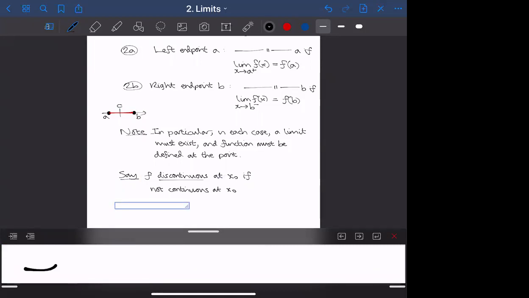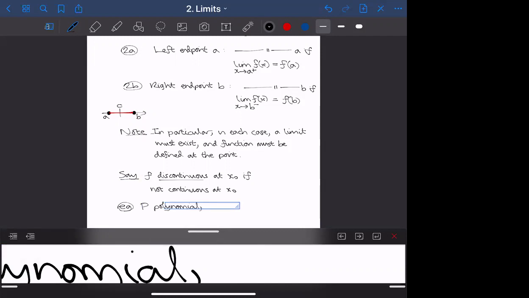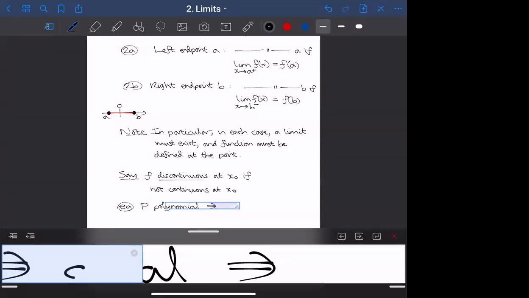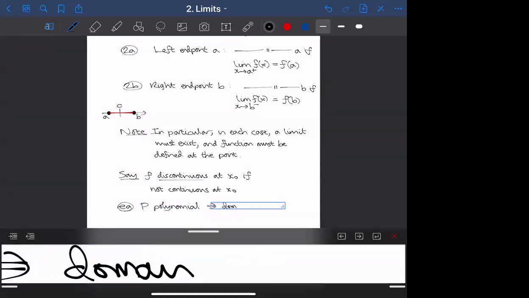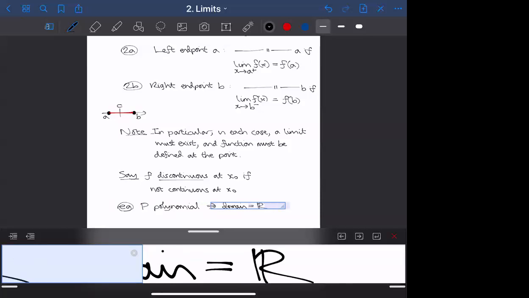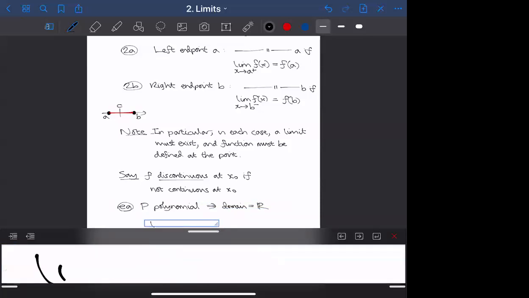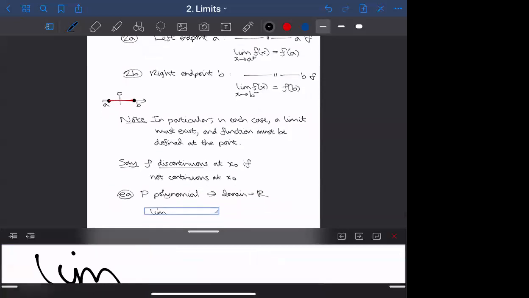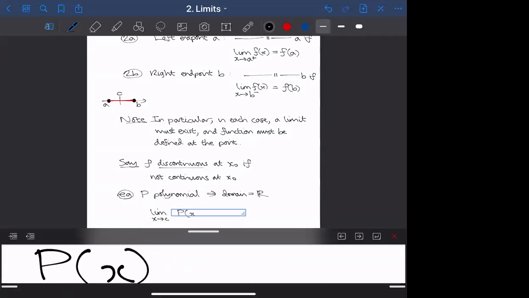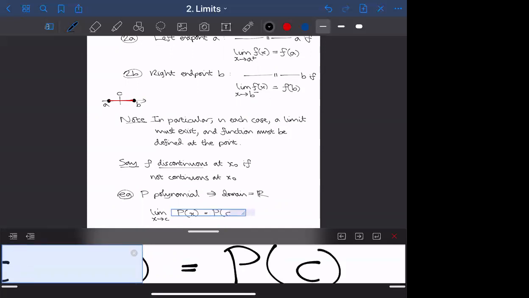Okay, so example, if P is a polynomial, then the domain of that polynomial equals R. And we saw before that the limit as x goes to any c is just given by calculating the value of the polynomial.